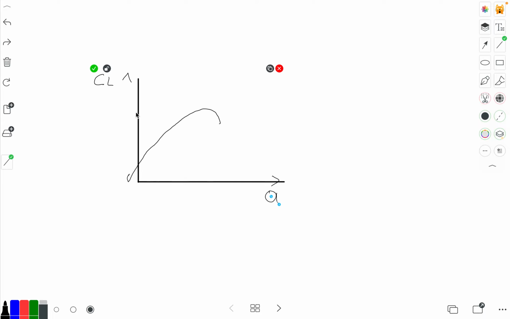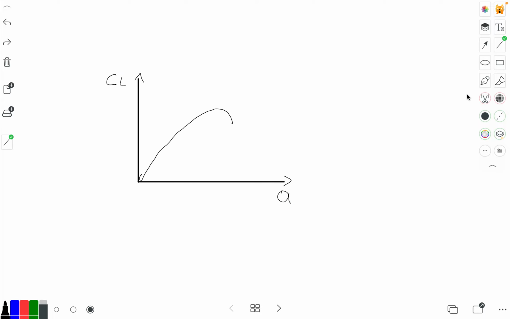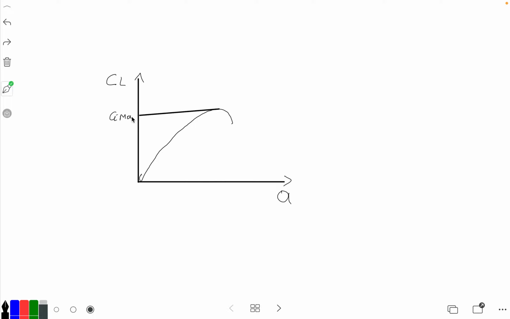The point right here is where we have coefficient of lift max at this angle of attack. If we increase the angle of attack further, we will stall. It's also called critical alpha.